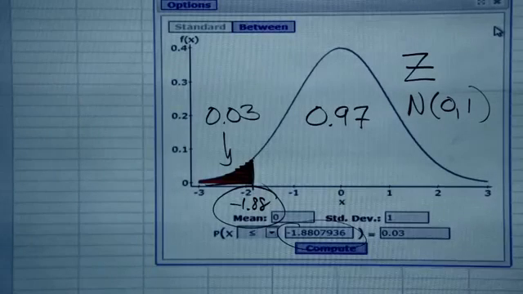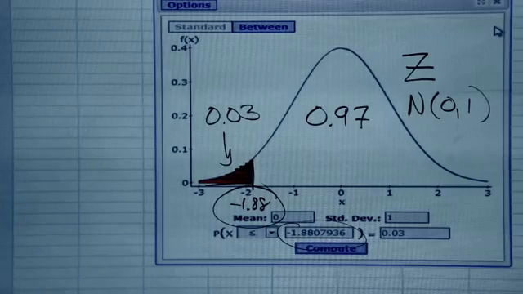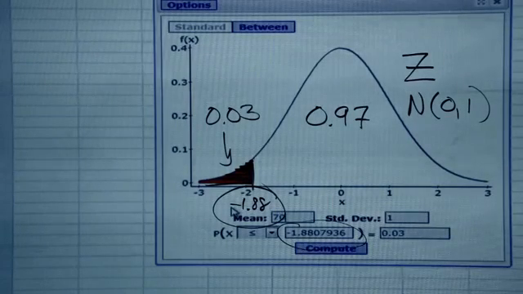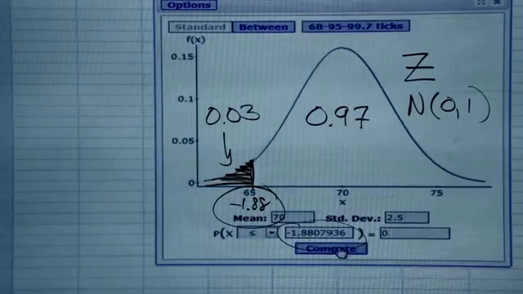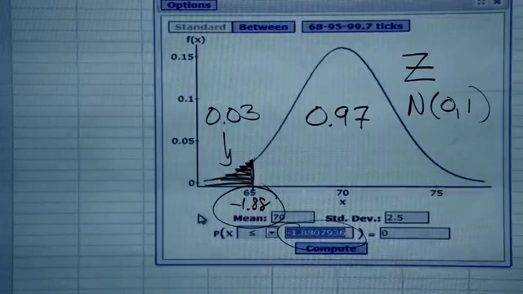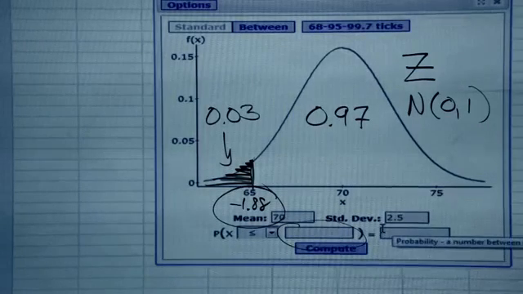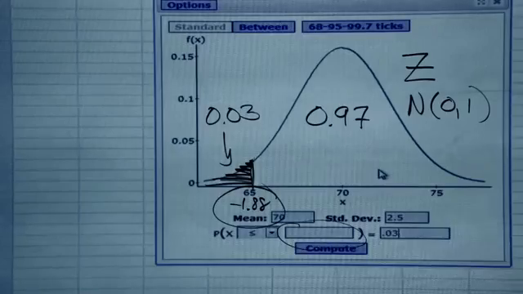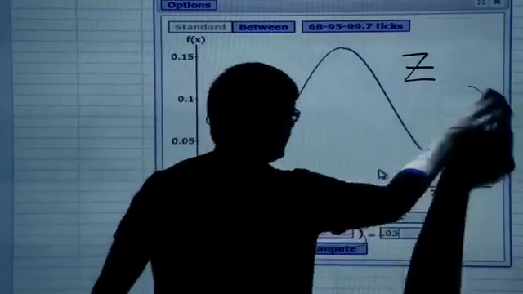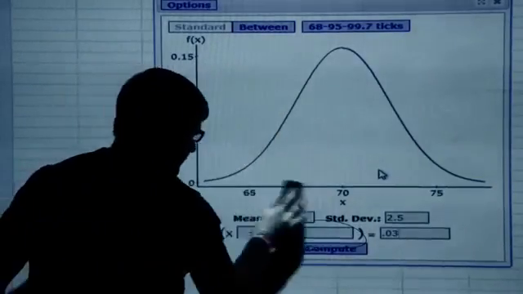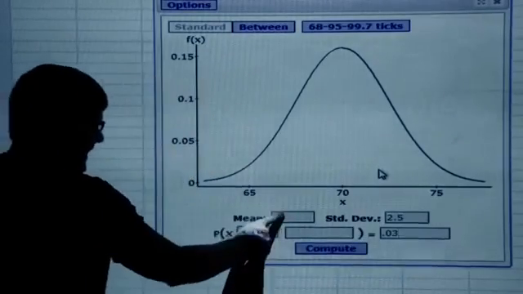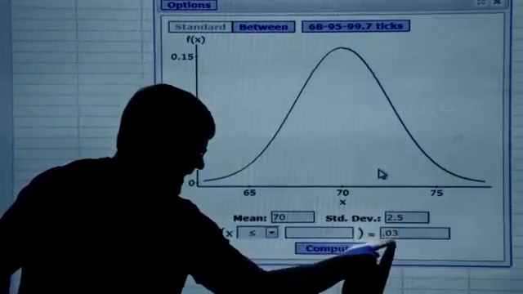That would do the job. All we need to do now is the same thing. I can just change over to heights. Mean of 70 inches. That's the average height of guys. Standard deviation of 2.5. So if I clean up the picture, the area breakdown will be exactly the same. Mean of 70, standard deviation 2.5.